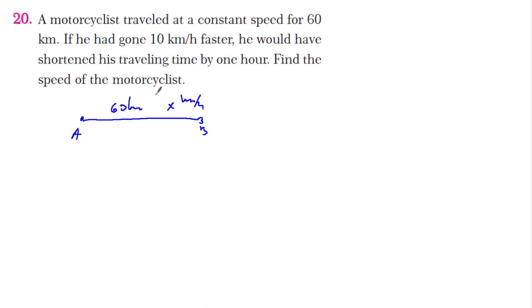But the question is, if he'd gone 10 kilometers faster, so if he would have covered the same distance, but not by x, but x plus 10 kilometers per hour, he would have shortened his travel time by 1 hour. All right, let's calculate it in both cases. So t from case 1 would be distance 60 over speed x.